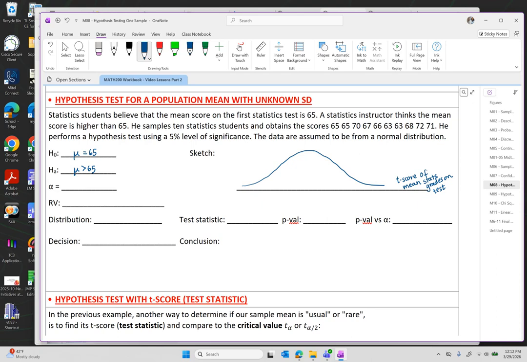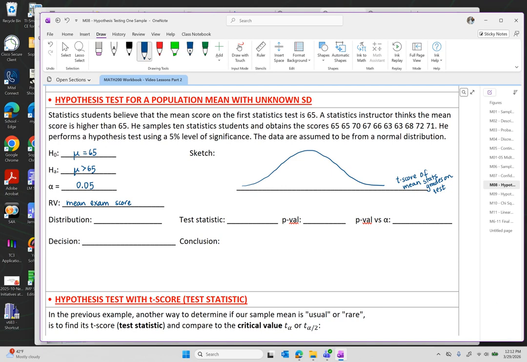But for now, equals. There is no evidence in this scenario that the students believe that it is less than or equal. The level of significance is 5%, 0.05, and our random variable will be the mean exam score, measured in points.